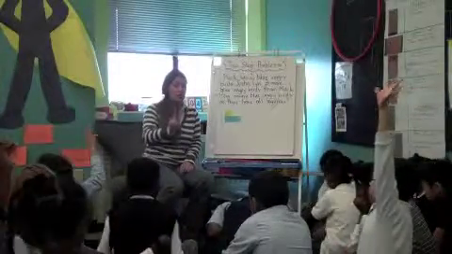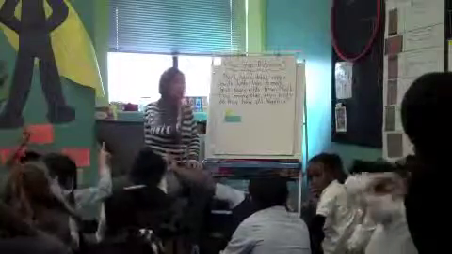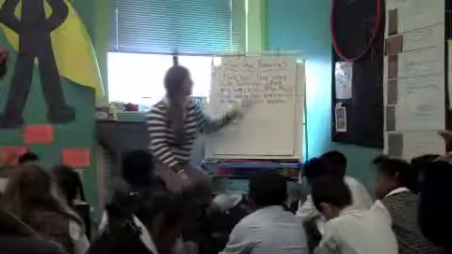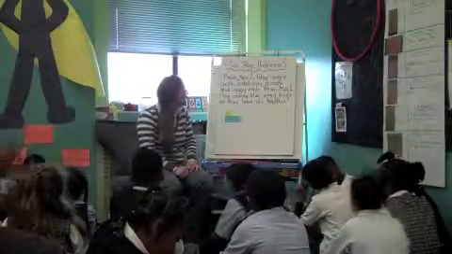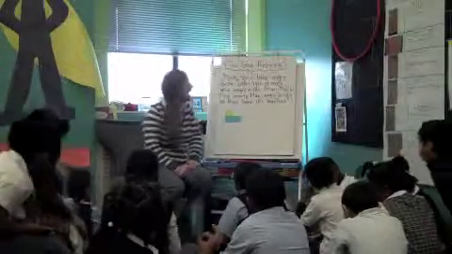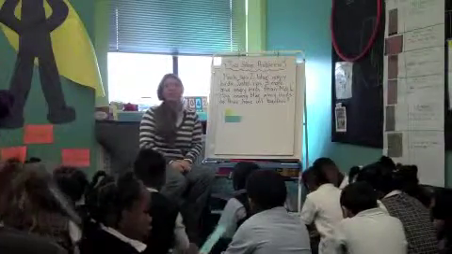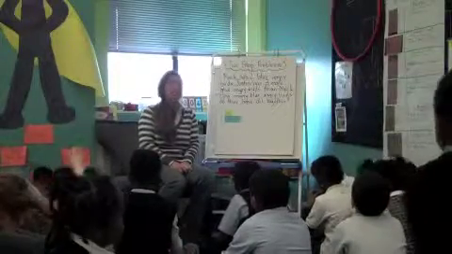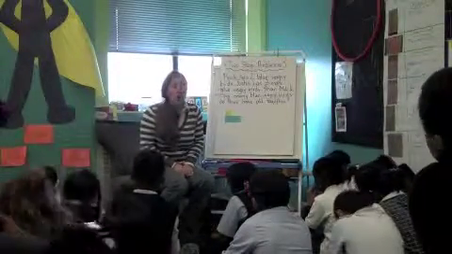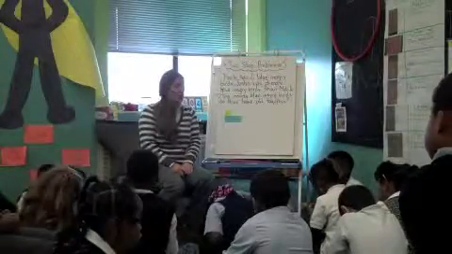Most of you are showing me with your fingers. Mark has 2 blue Angry Birds. It says it right here. Justin has 3 more Angry Birds than Mark. Do I know how many blue Angry Birds Justin has? No. I know he has 3 more, but I don't know the number that he has.